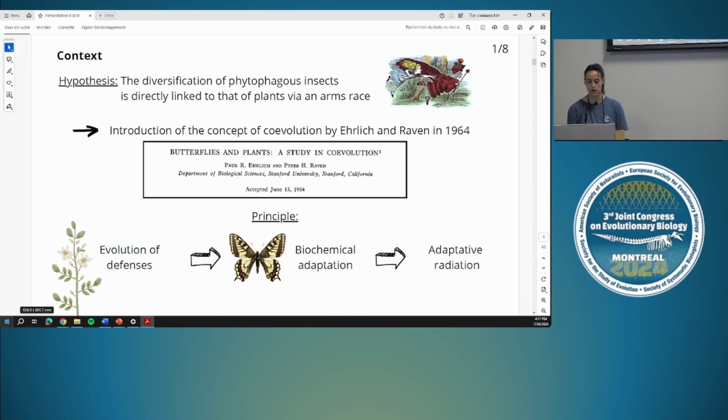The main principle of Ehrlich and Raven's theory is that the evolution of plant chemical defenses is closely followed by the biochemical adaptation of insect herbivores, and that newly evolved detoxification mechanisms lead to an adaptive radiation of insect herbivorous lineages due to newly available ecological niches.